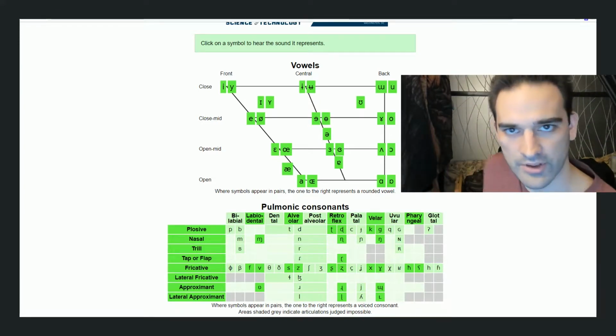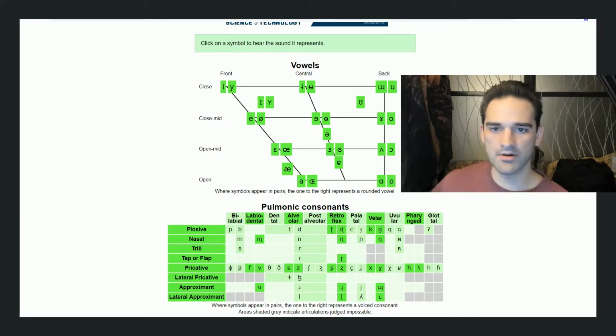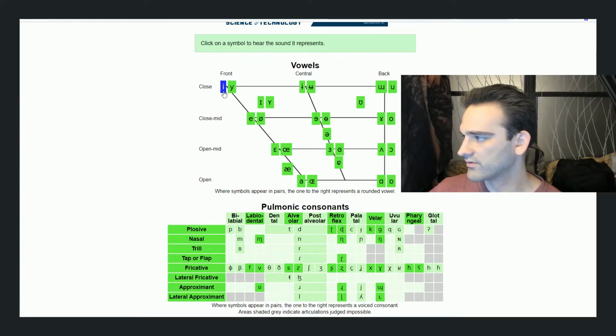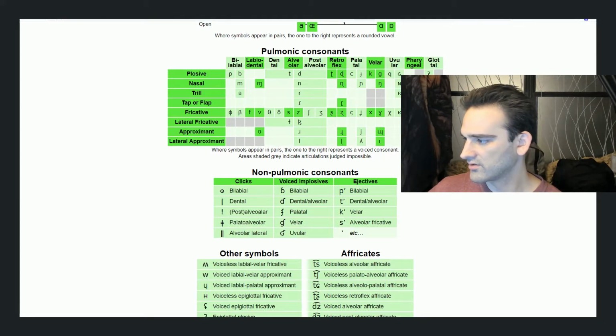So we're going to be looking at some of these letters here, some of these characters, and talking about which ones appear in an American English accent, a perfect American English accent, and which ones might be misleading or that you want to get rid of. You'll notice that they can be categorized: there are vowels and then consonants, and then even more types of consonants.